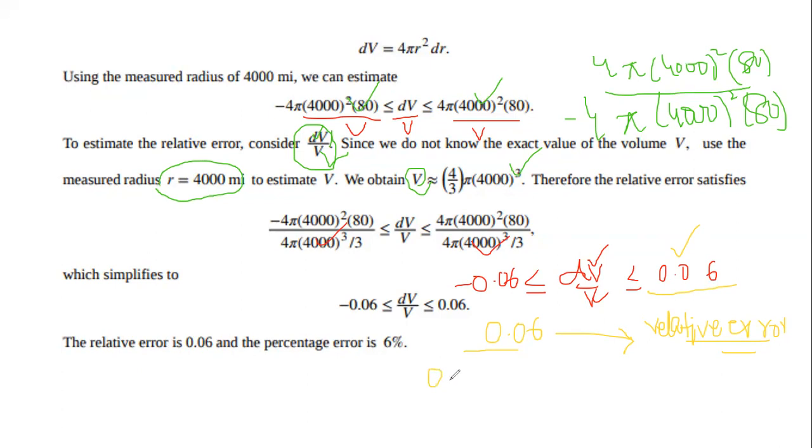The percentage will be 0.06 multiplied by 100, so it will be 6%. So 6% is the percentage error. So this is the final example of my error approximation of relative and percentage error.